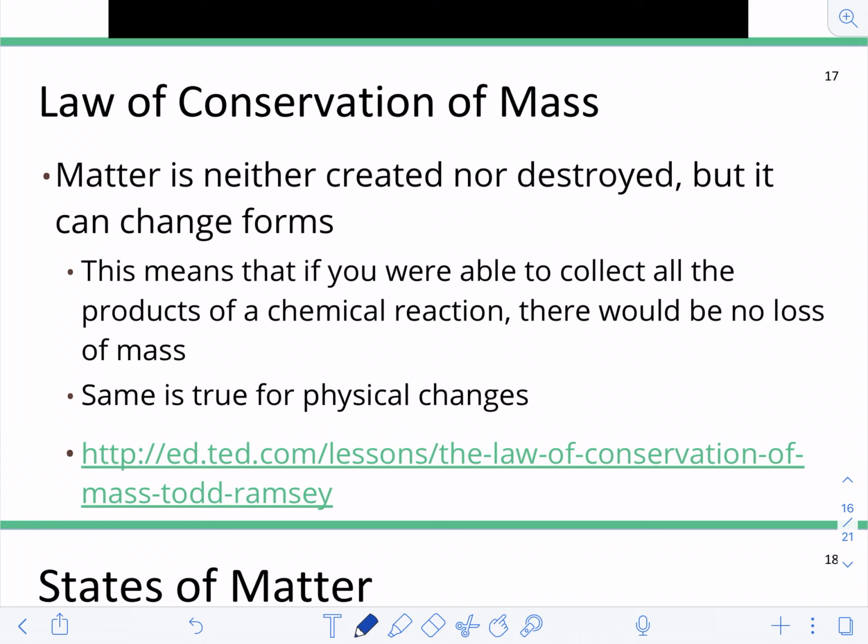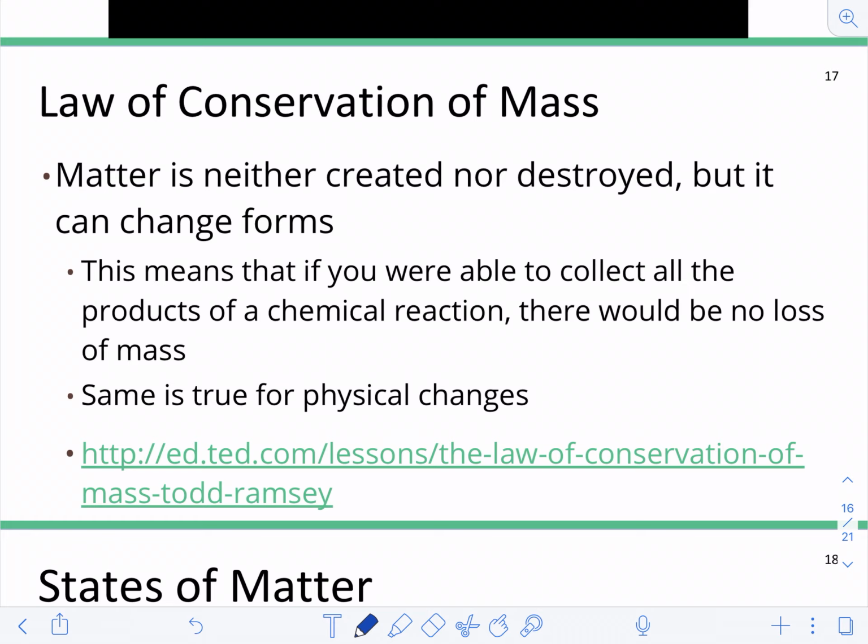Matter, which remember has mass, is neither created nor destroyed, but it can change forms. So if you collected all of the products of a chemical reaction, there's no loss of mass. If I mass everything before the reaction, let it happen, and mass everything after, those gram amounts should be exactly the same.